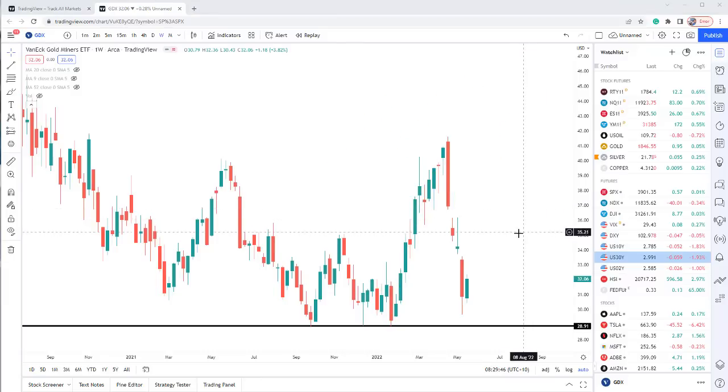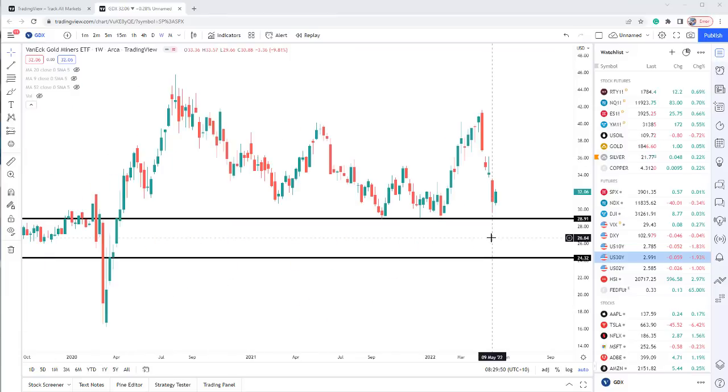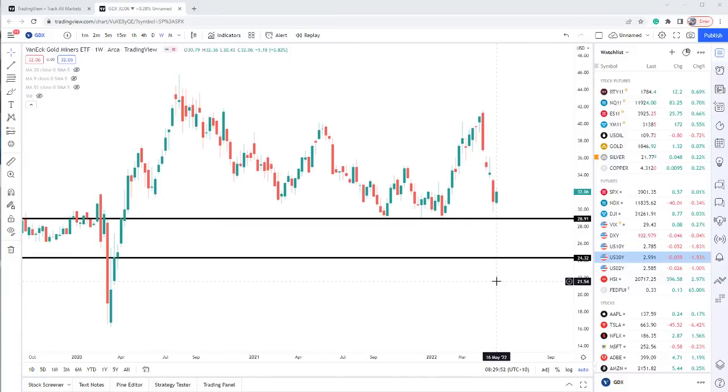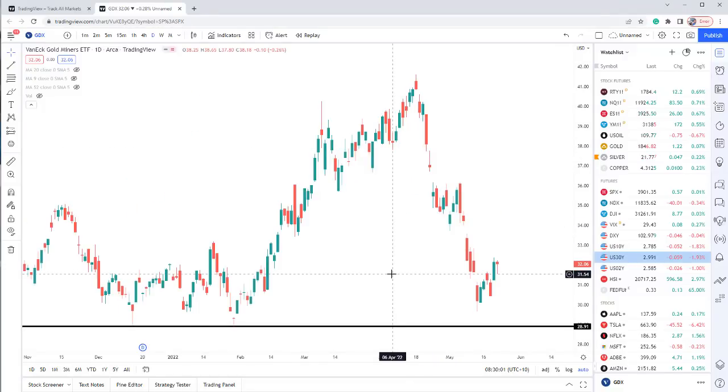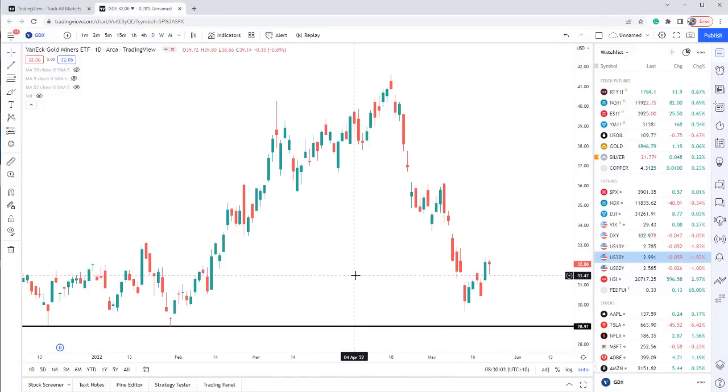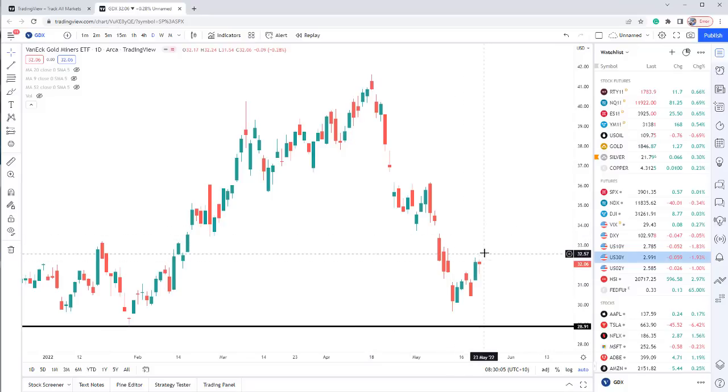It just didn't happen, right? Strong move up, strong move down, and that's what happened with the GDX through there. So that's actually a really interesting thing. Again, guys, the mining sector's just been absolutely decimated. We really need to see some sort of strength out of this level through here on that GDX.